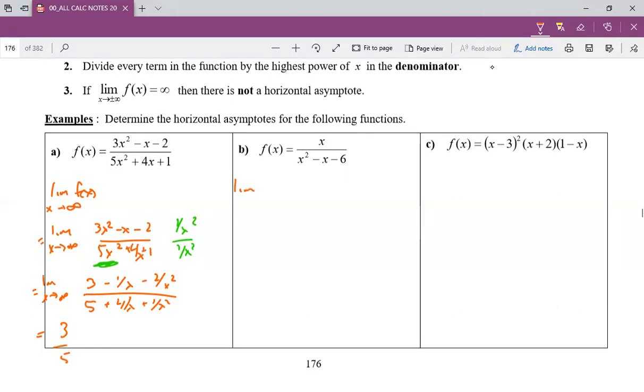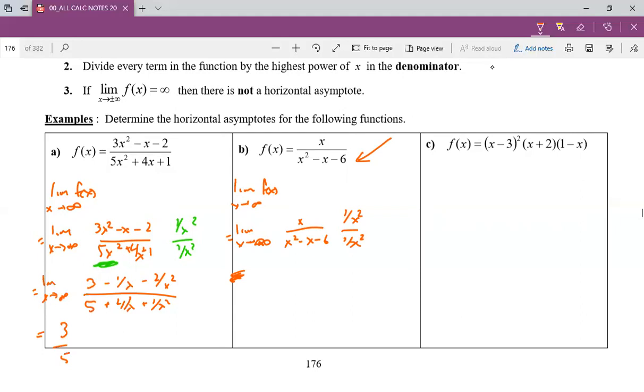Same thing with this next one. We have a limit of f of x as x goes to infinity equal to the limit as x goes to infinity of x over x squared minus x minus 6. Resist the urge to factor. We're actually doing something a little different here. I know you guys have gotten into the habit as soon as you see something like this, you're like, oh, I can factor that.